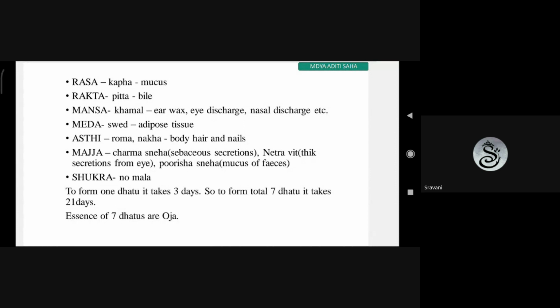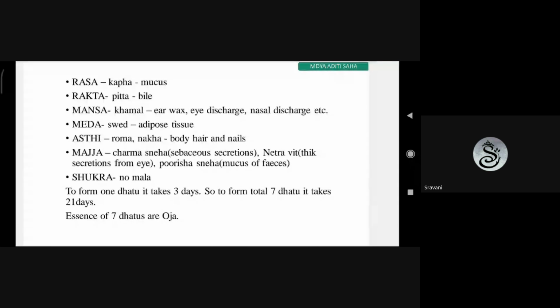Now here you can see that the nails we grow and the hair we grow, all these things are waste material, these are the malas. These are the byproducts or waste materials of our body.